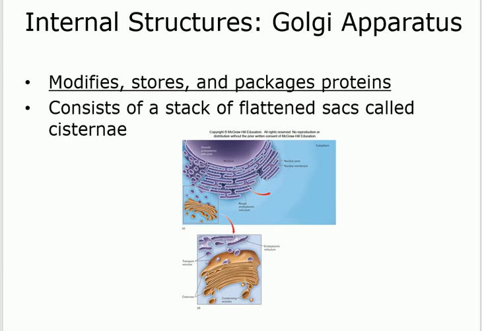Do you have a question? Yes. For the nucleus that we have to draw, like you said, we have to draw what it looks like. So would that be what the Golgi apparatus is?